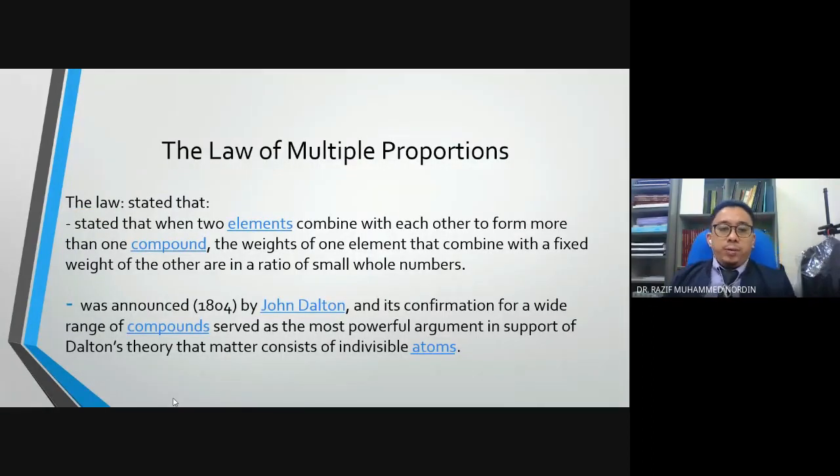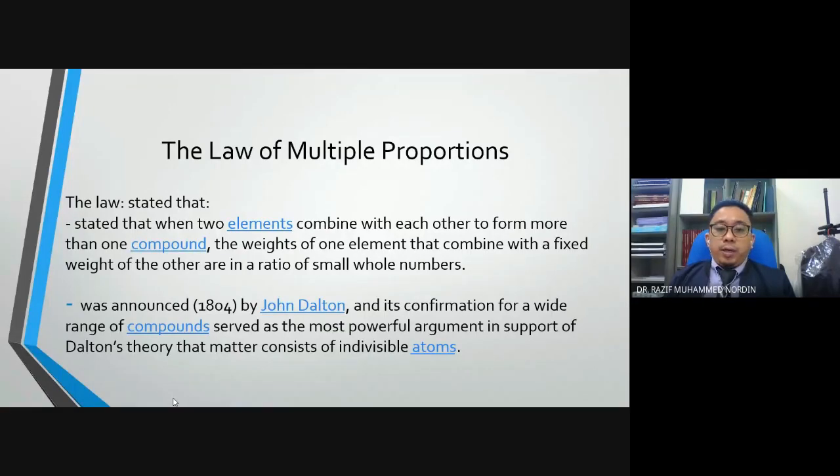Law of multiple proportion is stated that when two elements combine with each other to form more than one compound, the weight of element that combine with a fixed weight of the other are in ratio of small whole number. Nisbah nombor terkecil.